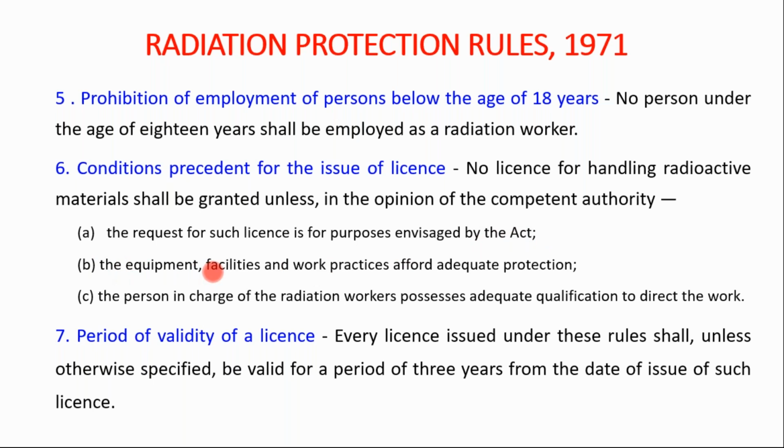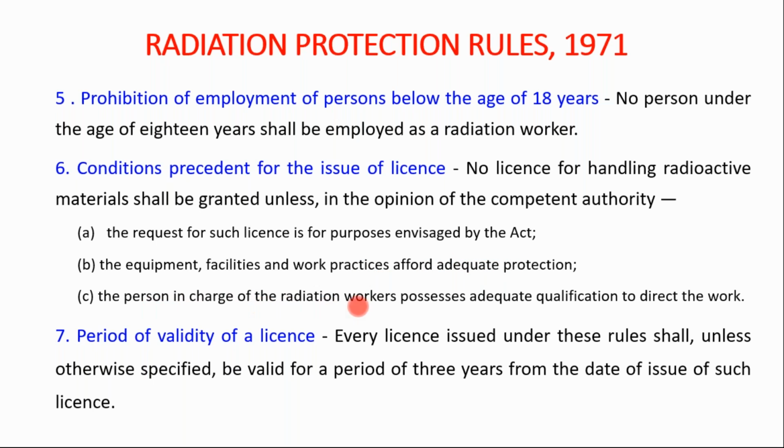The equipment, facilities, and work practices afford adequate protection. So if the purpose is satisfied with reference to this Act, then the license can be given to that person, but provided all the equipment, facilities, and the work practices related to these radioactive activities must provide adequate protection.